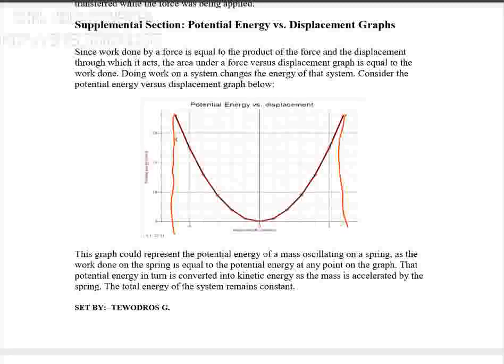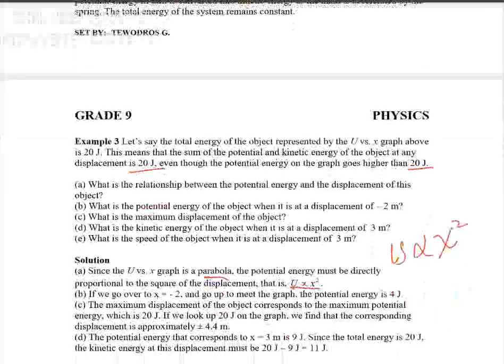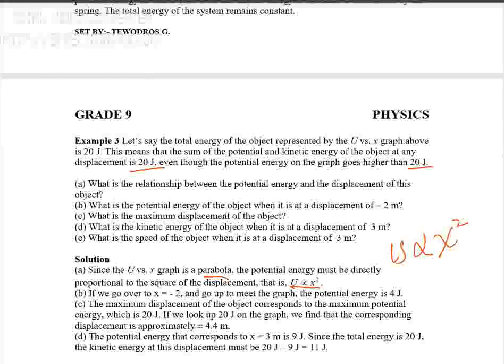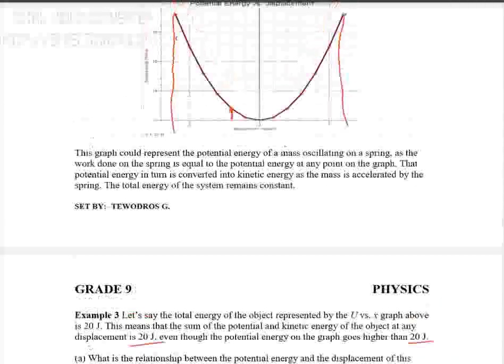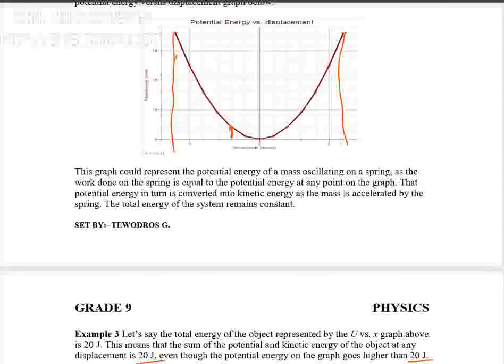Therefore, from this up to this, it is 5, 1, 2 at this point. To find it, at x equal to minus 2, go up, meet the graph, and the potential energy is how much? 4. Because when it is minus 2, the scale goes 2, 4, 6.